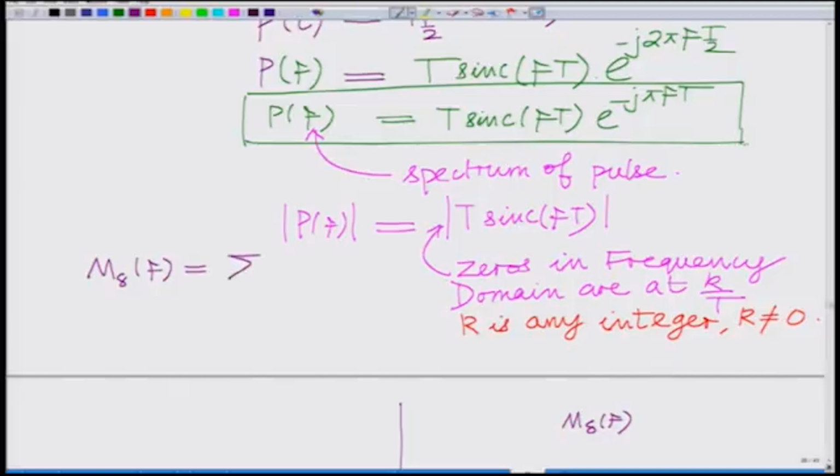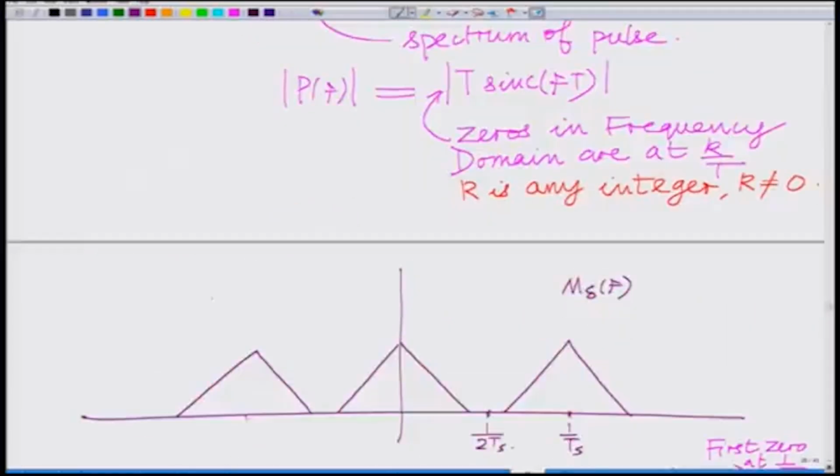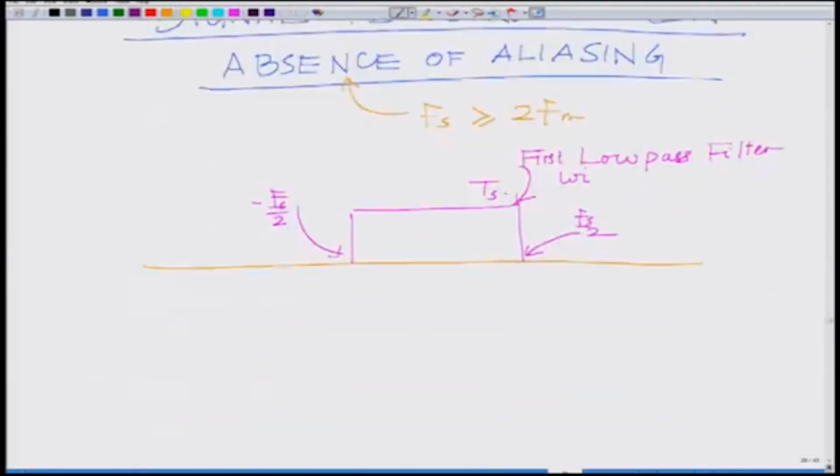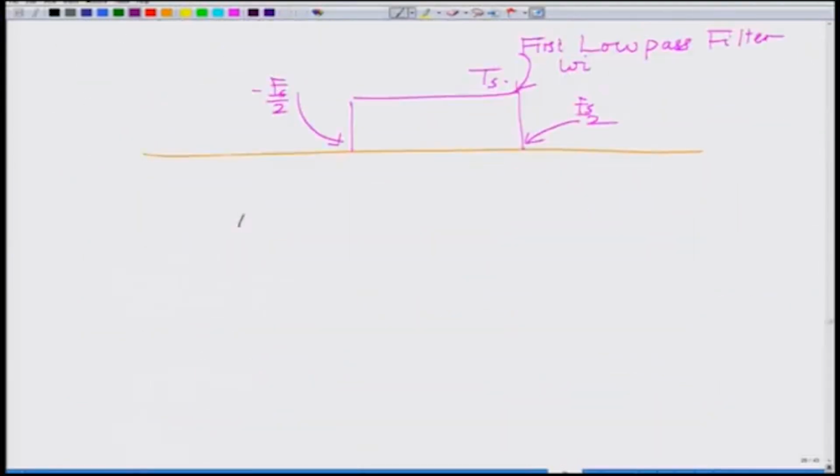That is the response of the impulse sampled signal, that is summation n equal to minus infinity to infinity Fs M of f minus n Fs.